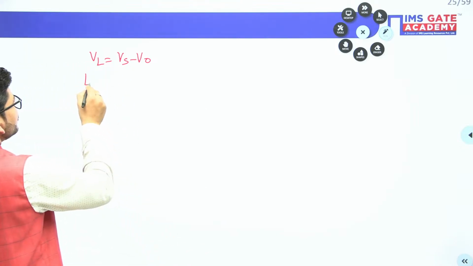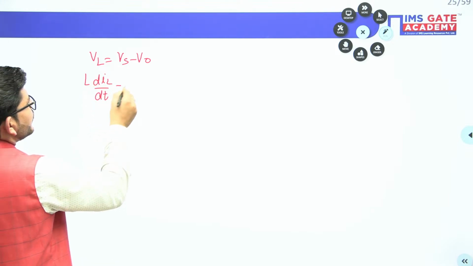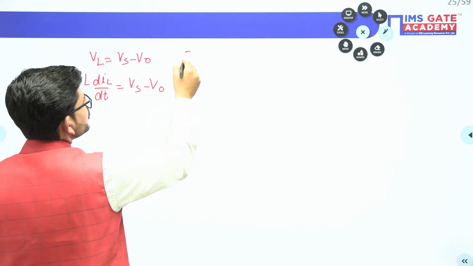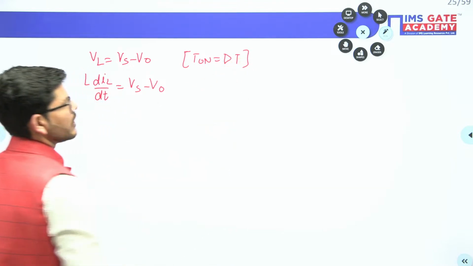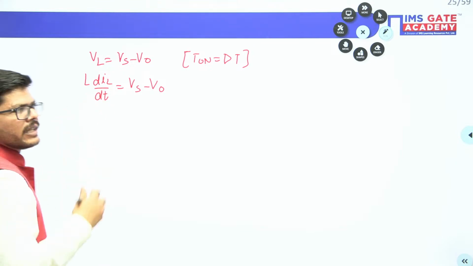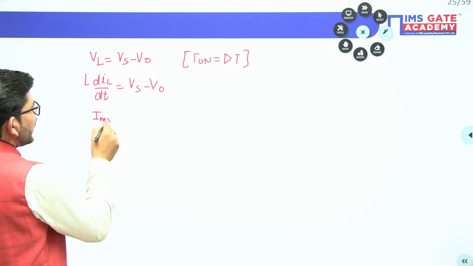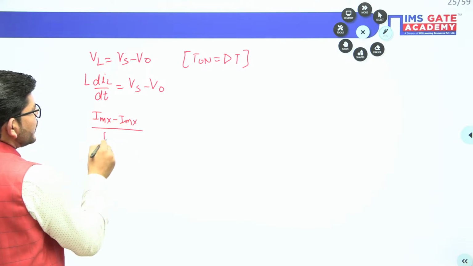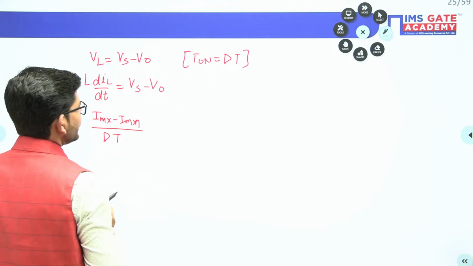Now VL is basically L dIL by dt, equal to Vs minus V naught. This is during T on, and T on might be written as dt as well, okay? Now guys, what will be the dIL, the change in the inductor current? The inductor current is changing from minimum to maximum value, and this change is happening during the T on time.